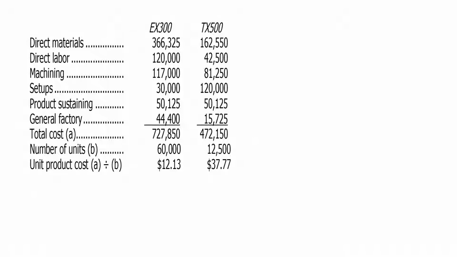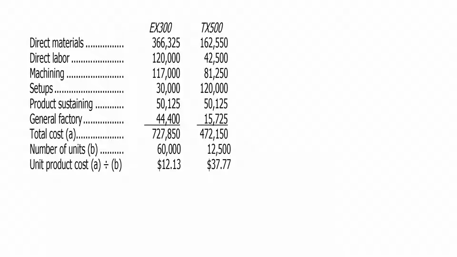So you need to take the amount of activity for each product times the activity rate for that activity. Now, the TX500 total cost to make 12,500 is $472,150. If you divide that 12,500 into the 472,150, it gives you that per unit product cost of $37.77. That's different than under our traditional method.